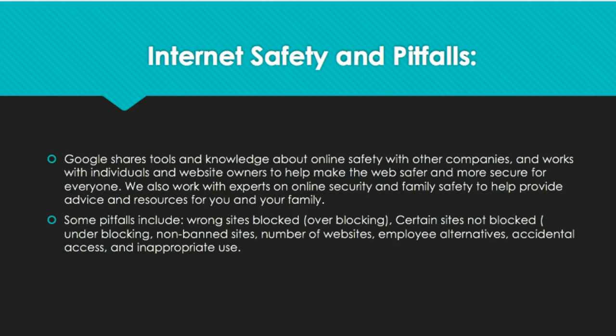And I found that on google.com under safety. And then some pitfalls include wrong sites blocked, overblocking, certain sites not blocked, underblocking, non-banned sites, number of websites, employee alternatives, accidental access, and inappropriate use.